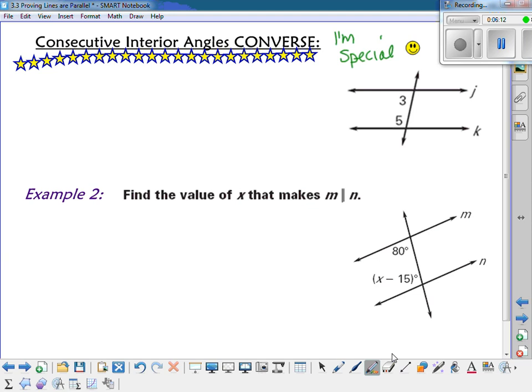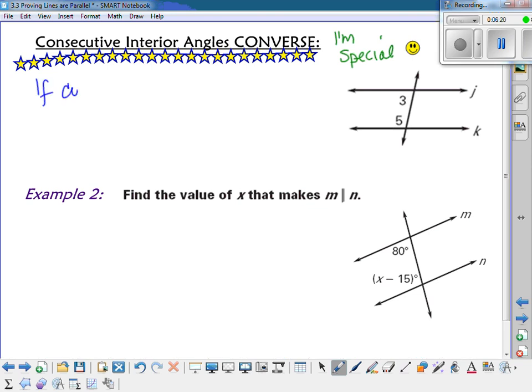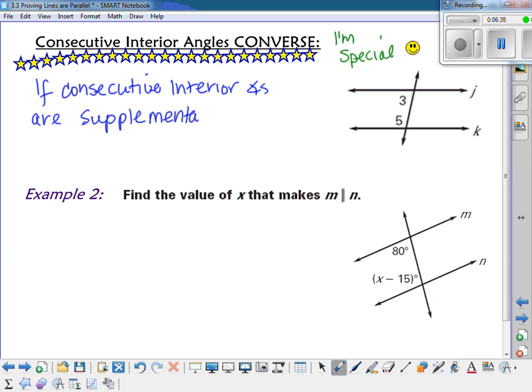If consecutive interior angles are supplementary, then the lines are parallel.